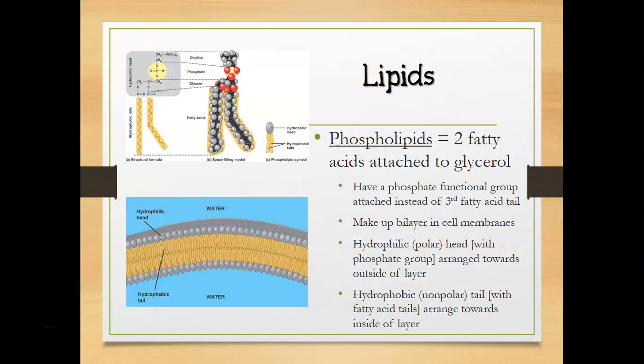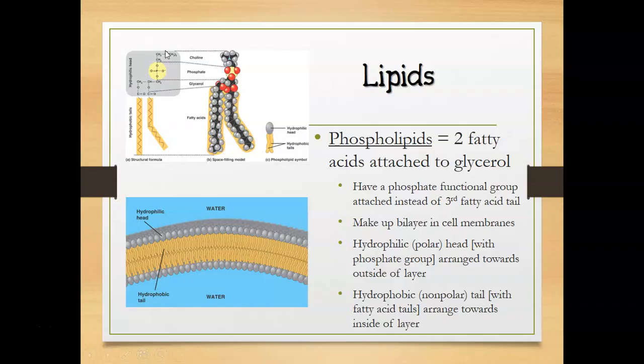Phospholipids. So still have that glycerol. Alright, and if I take a look here, it is. Now they've only got 2 fatty acid chains, and that third carbon is now actually attached to a phosphate group. So these are, we talked about them when we were talking about water. These make up your cell membrane, that bilayer, right?